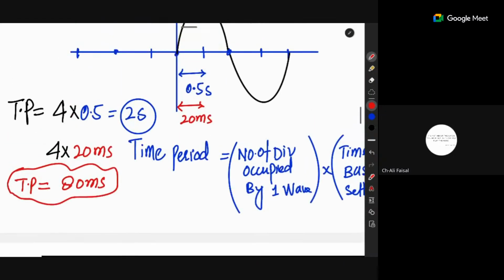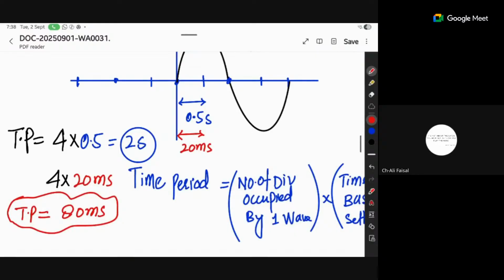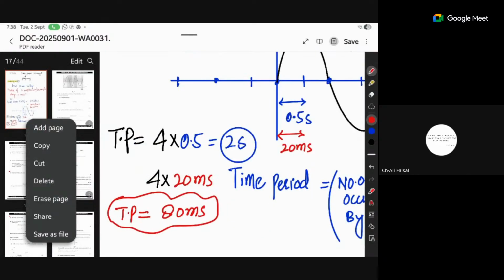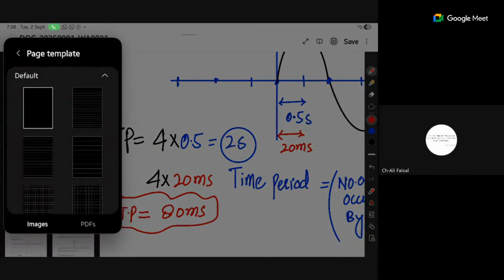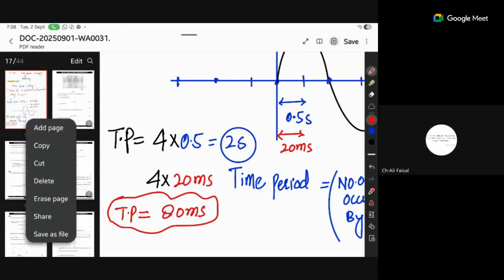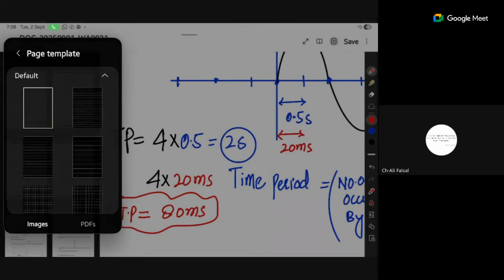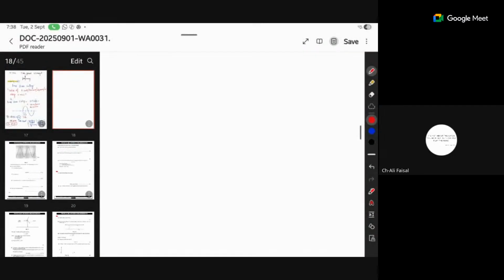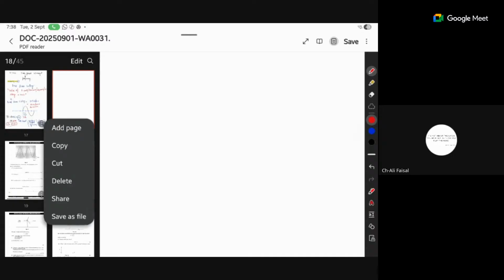So that is why I was saying that once we are talking about oscilloscope, we must know how to read it. Once we know how to read it, it will be quite easy for me.